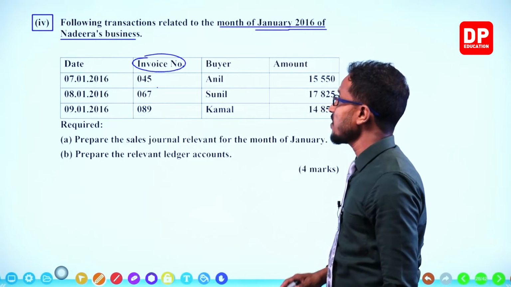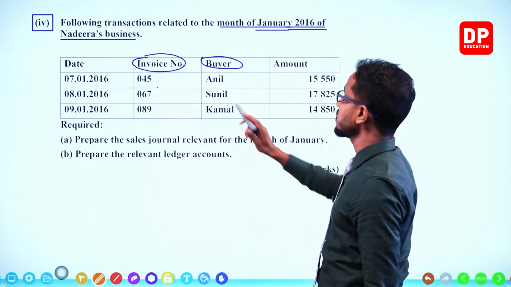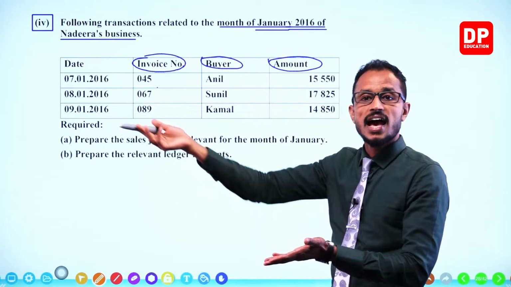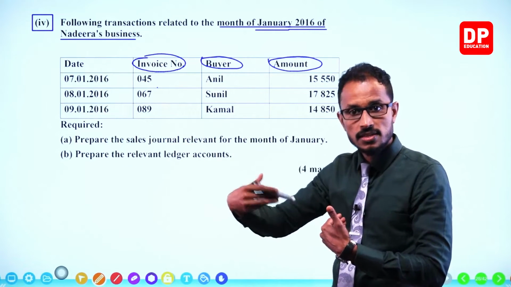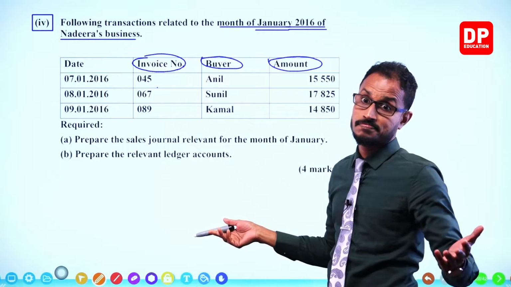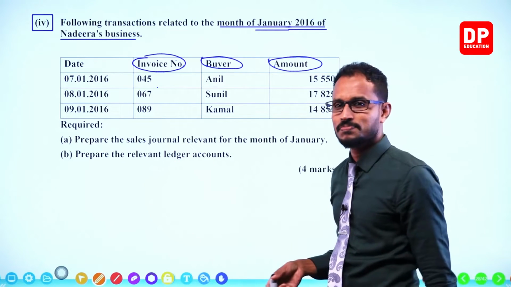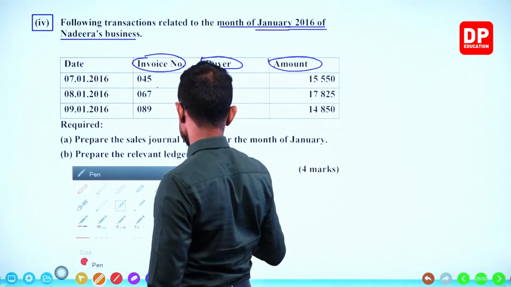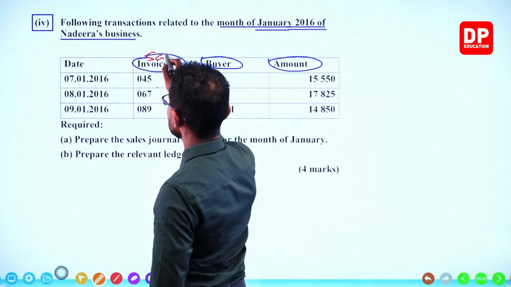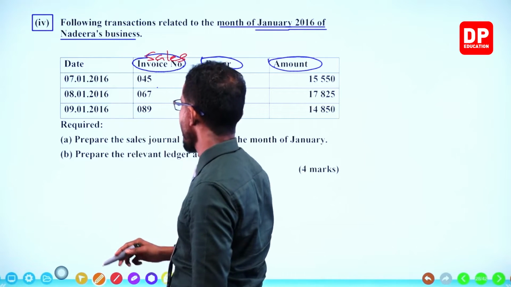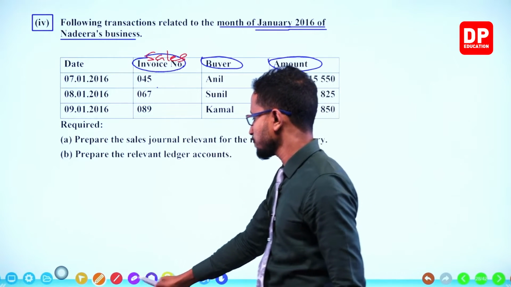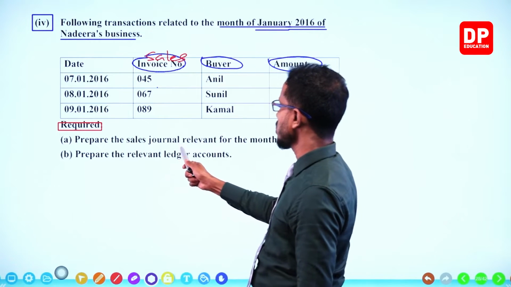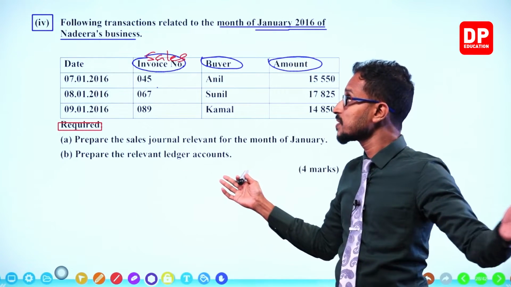Here we have buyers in this column and amount in this column. Buyers means they are buying from us. That means they are the customers. We are selling to them. Which means these are sales invoices. Required to prepare the sales journal relevant for the month of January.